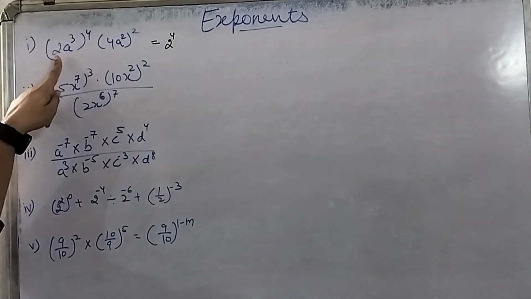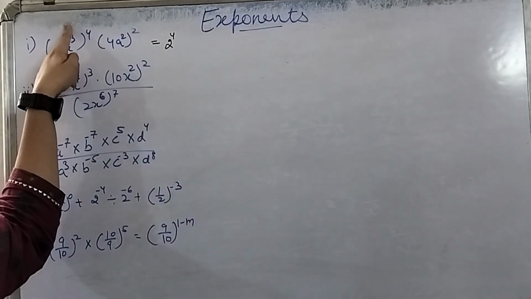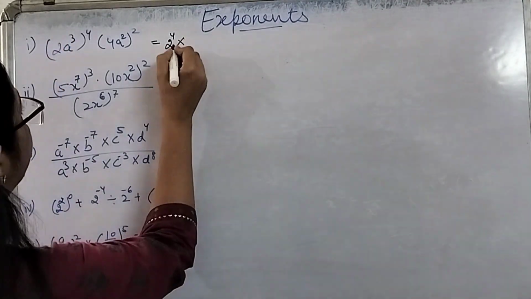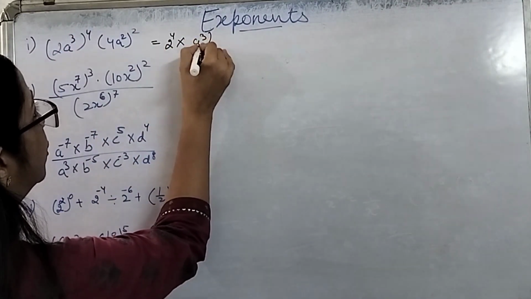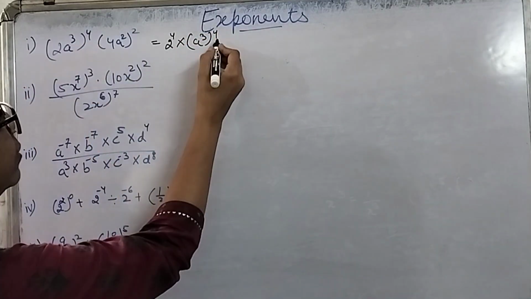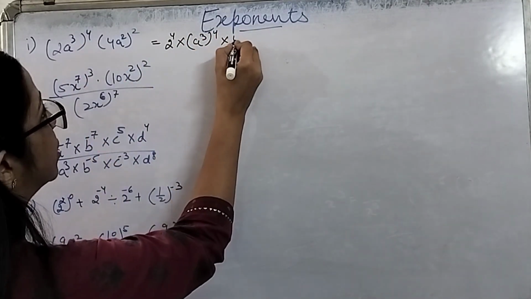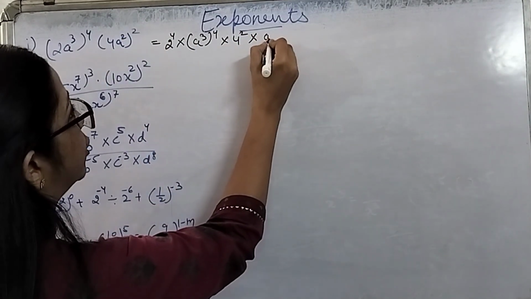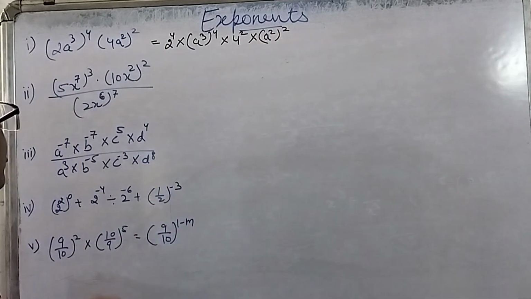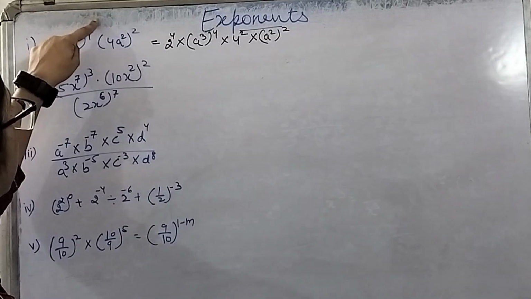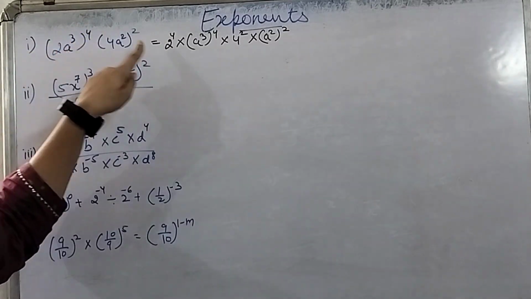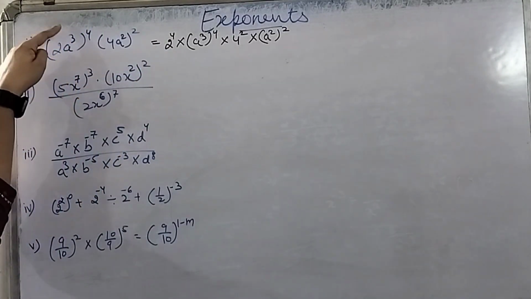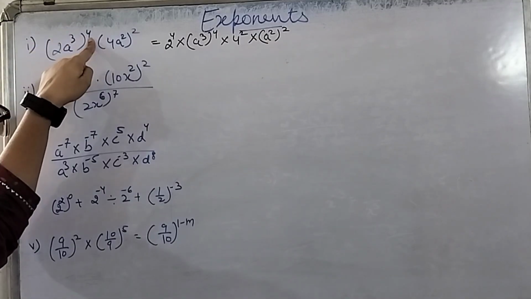This 4 is the power of 2 also, and a raised to the power 3 also, multiplied by a raised to the power 3 whole raised to the power 4, multiplied by 4 raised to the power 2, multiplied by a raised to the power 2 whole raised to the power 2. So what we have done is we have taken this 4 power as 2 raised to the power 4 multiplied by a raised to the power 3 it was, and whole raised to the power 4 it is.